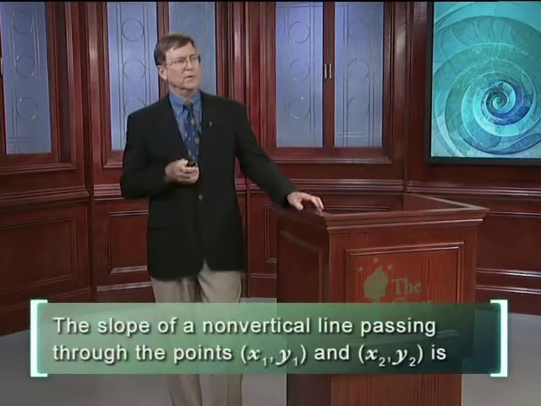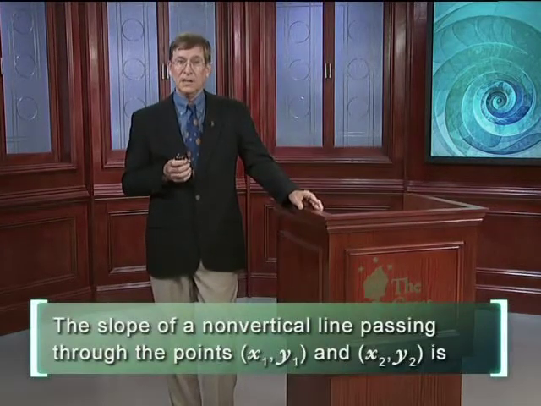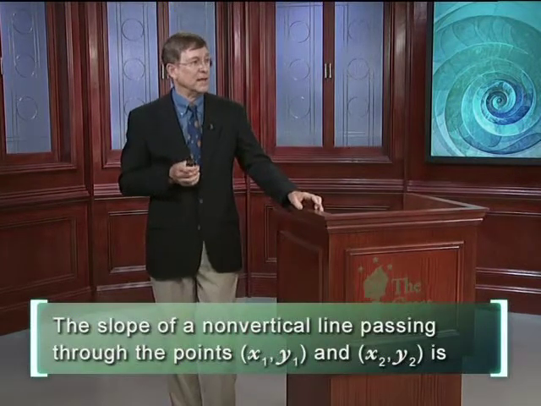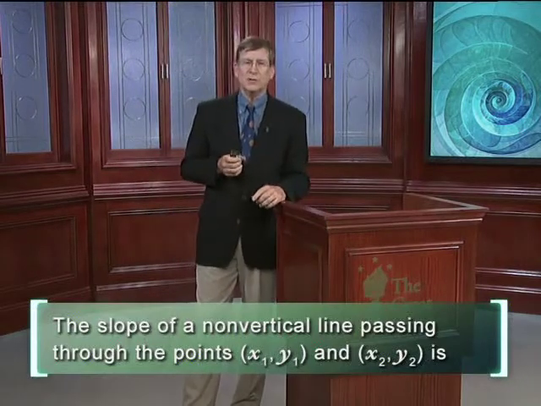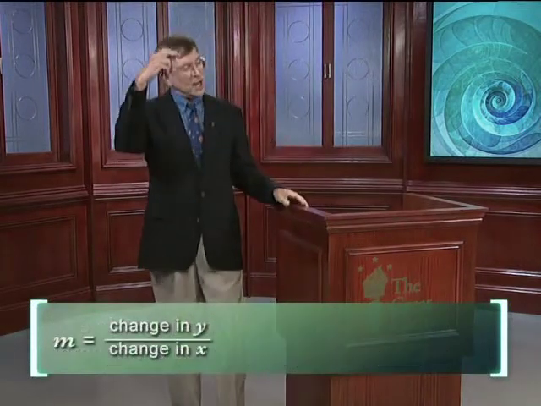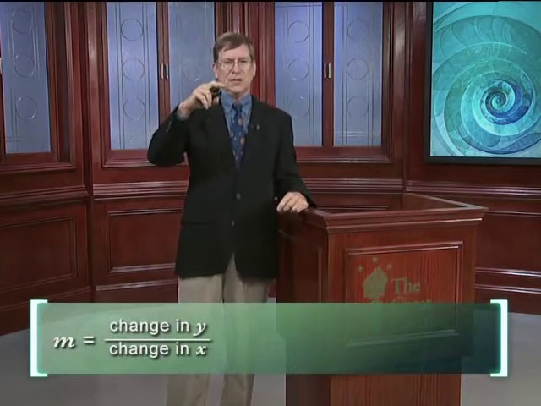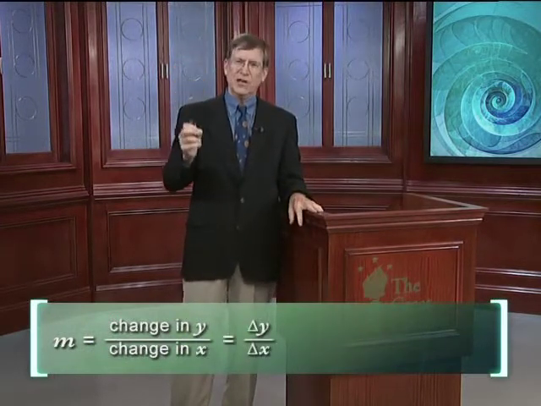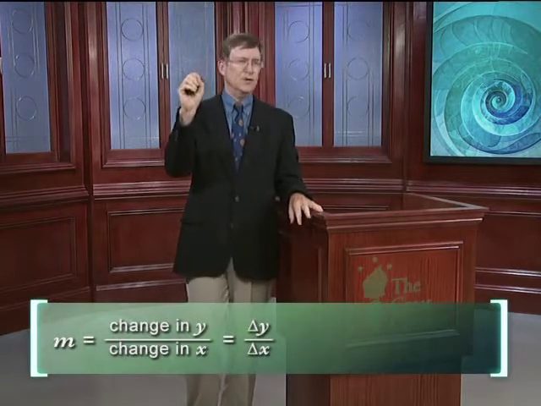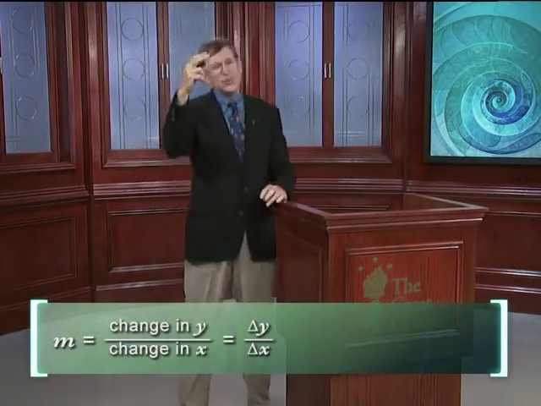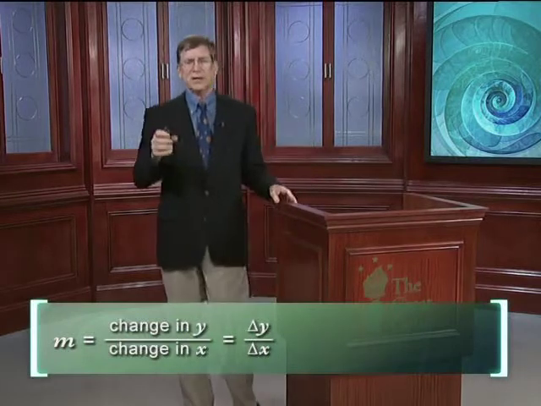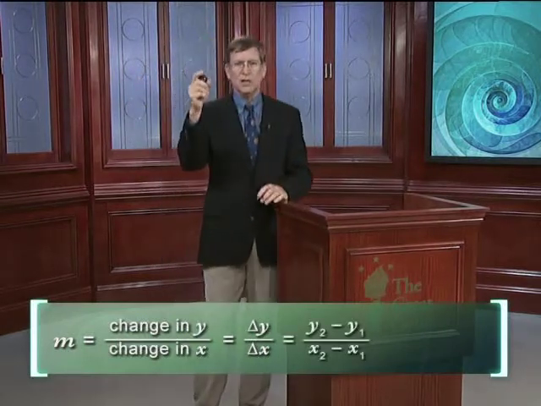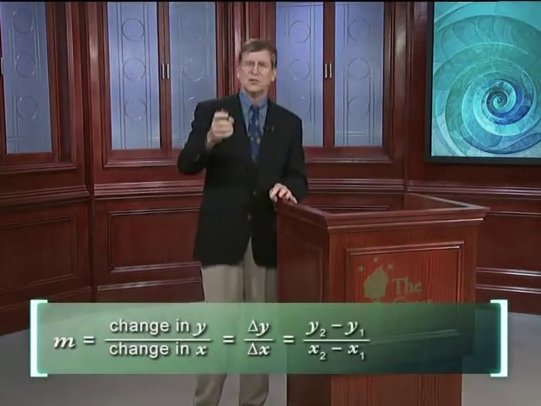Remember that the slope of a non-vertical line passing through a couple of points, (x1, y1) and (x2, y2), is equal to the change in y over the change in x. And they often use this notation delta y over delta x. That's a Greek letter delta, and it stands for change in y over change in x. So it's y2 minus y1 over x2 minus x1.